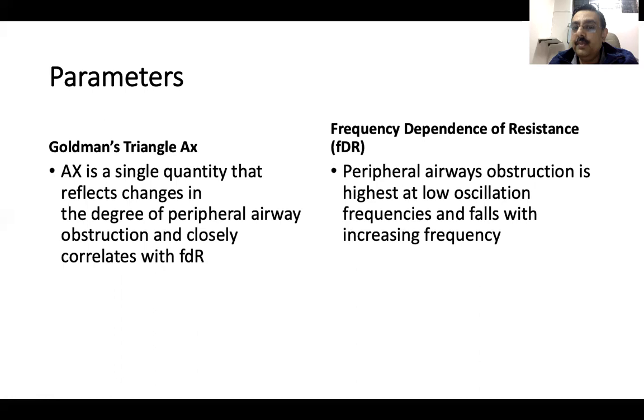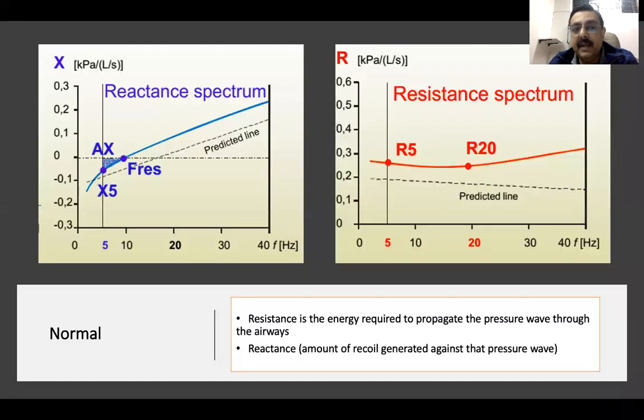So the peripheral airflow obstruction is highest at low oscillation frequency and falls with increasing frequency. So that is what is the frequency dependence. So this is the part which is called the Goldman's triangle, or the AX, and the frequency at which the reactance curve meets zero is called the FDR, or the resonant frequency.